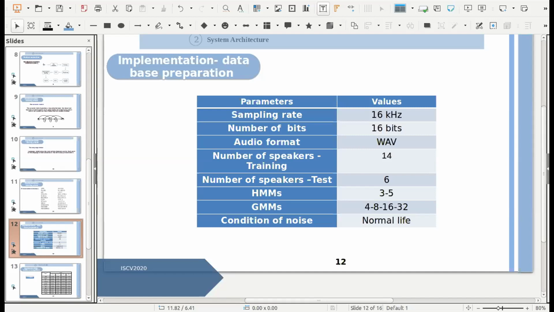We use 14 speakers in training and 6 speakers in test. In each experiment, we use 3 HMM states and 5 HMM states with 4, 8, 16, 32 GMM.